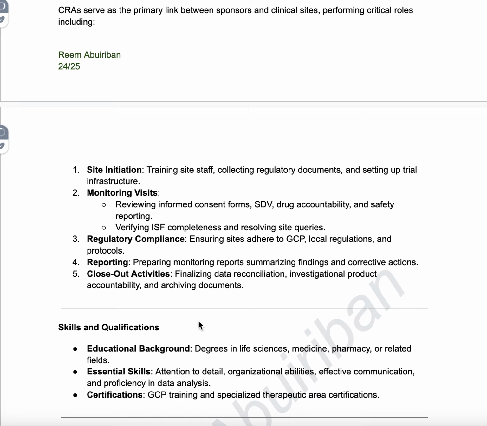Regulatory compliance, ensuring sites adhere to GCP, local regulations and protocol. Reporting, preparing monitoring reports, summarizing findings and corrective actions. Close out activities, finalizing data reconciliation, investigational product accountability, and archiving documents.